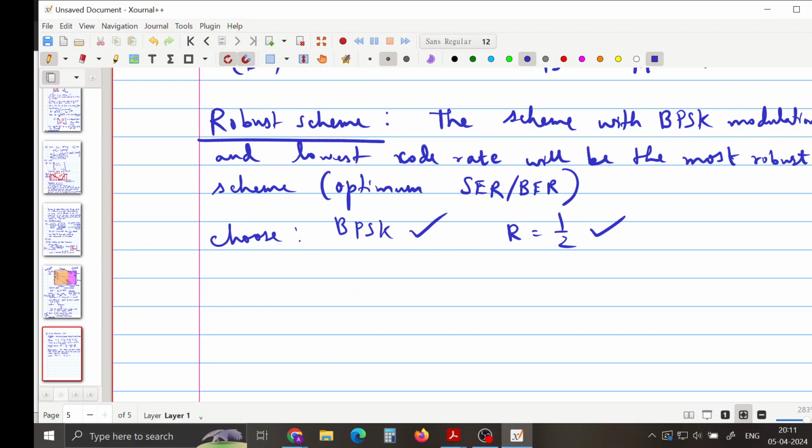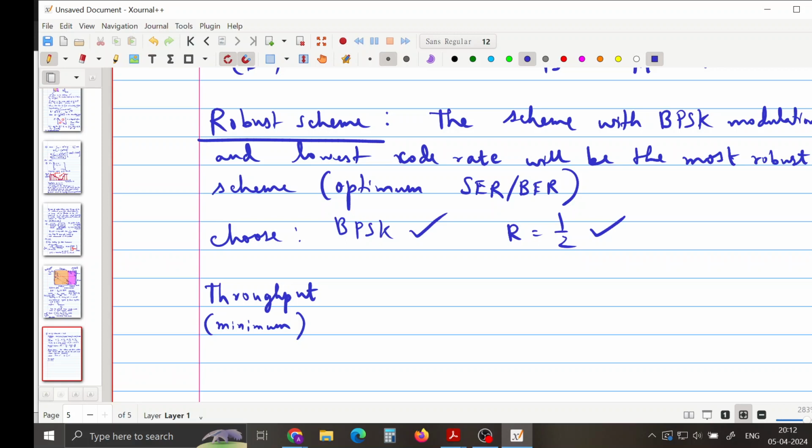Okay, now we will compute the throughput for this scheme. For this robust scheme we need to find the throughput, and the formula for throughput we have seen. So there are a lot of terms that will come into the picture, and this is the case where we obtain the minimum throughput. So there is a trade-off. Here we are optimizing the error performance. That's why we are lacking on the throughput.